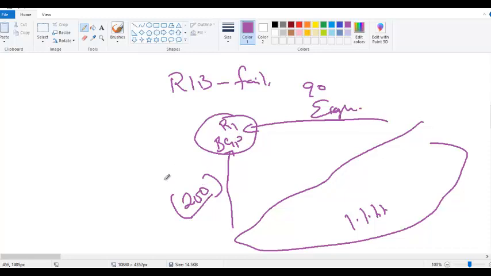Why? For router 1, the administrative distance of BGP is higher. So router 1 cannot use the 1.1.1.1 route given by BGP. It uses the EIGRP route for 1.1.1.1. This is what is called RIB failure. Is this clear?